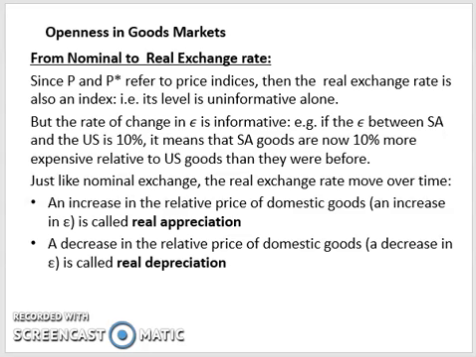Okay, so one factor to note here is that an important difference between the Volkswagen Cadillac example and this more general computation is that unlike the price of the Volkswagen in terms of the Cadillac, the real exchange rate is an index number. So this means that its level is uninformative alone.